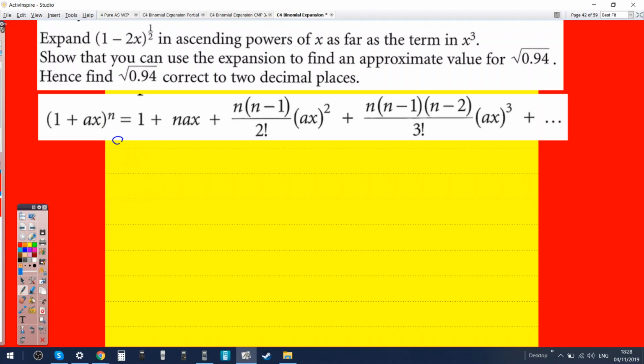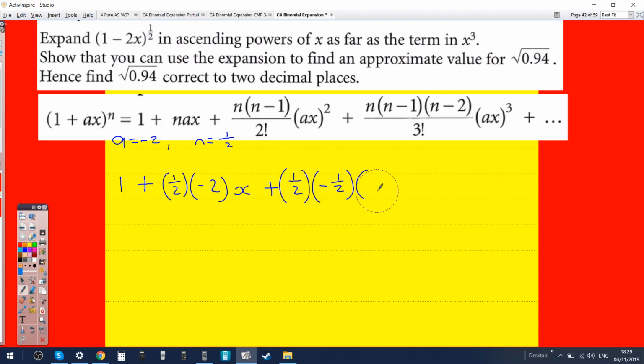So 1 plus half times minus 2x, plus half times (half minus 1) over 2 times (minus 2x) squared, plus half times (half minus 1) times (half minus 2) over 3 times 2 times 1 times (minus 2x) cubed. And then solve that.